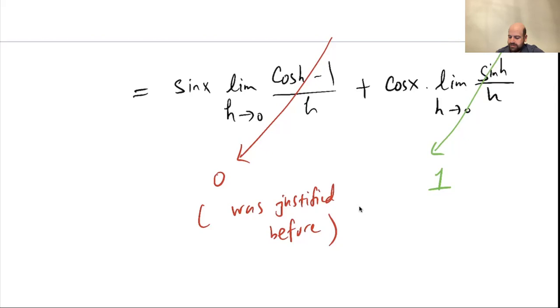So the answer is cos x. So we showed f of x equals sine x is differentiable. And what is its derivative? f prime of x is equal to cos x. Derivative of sine x is cos x.